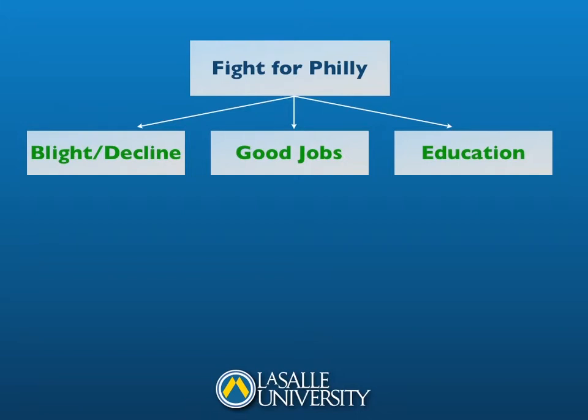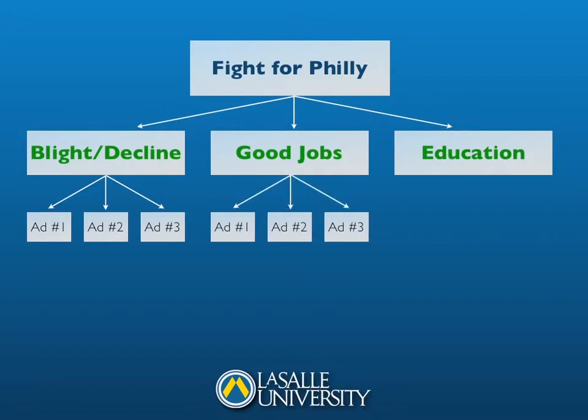And so what I did with them is I created different ads for each different theme. So I had 3 ads maybe that focused on that issue. I had 3 other ads that talked about good jobs and 3 other ads that talked about the value of education.